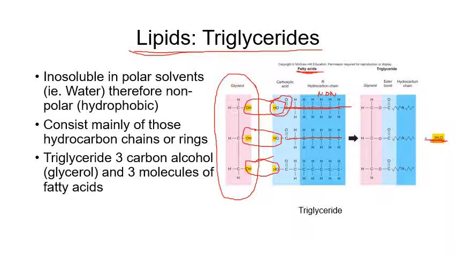So if we want to use the fatty acids, we want to break the triglycerides apart to use the fatty acids for energy. So how we break down our fat, we need to do a hydrolysis reaction. But this is our lipids, our triglycerides.